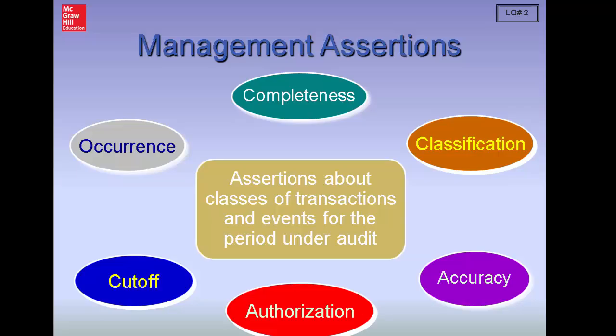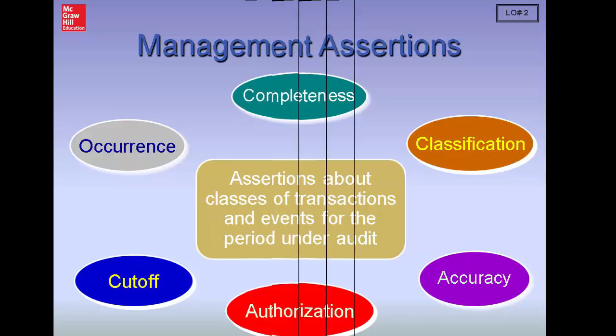Authorization relates to the fact that any transaction that took place is a result of management's authorization of this transaction. Accuracy is self-evident, and of course classification is, are we reporting these transactions in the appropriate classification?